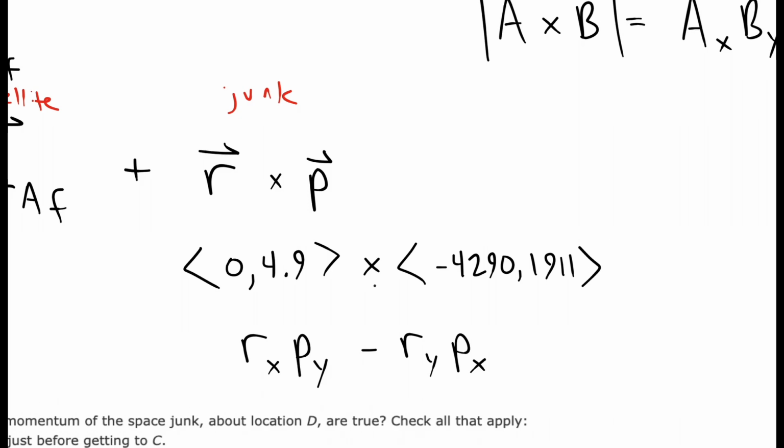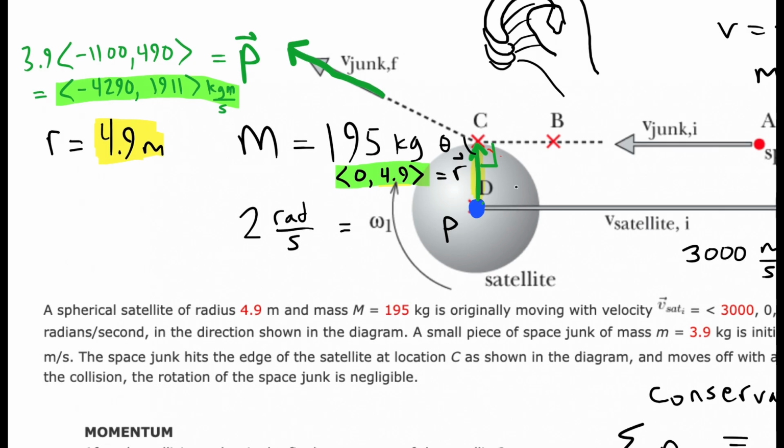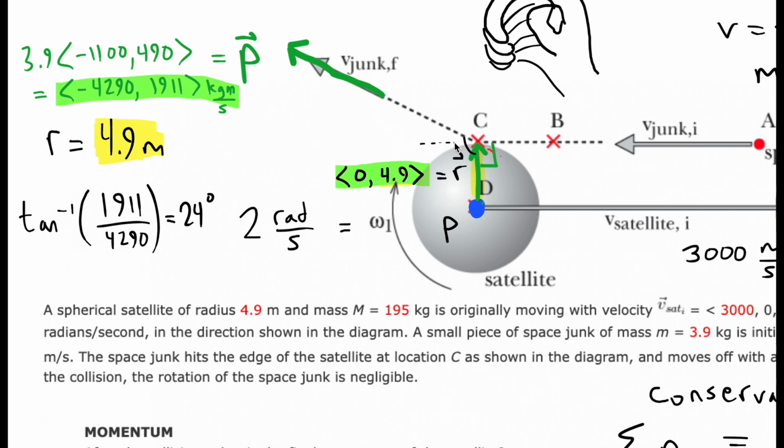The other method that might be used would be to get the actual angle between the vectors. That could be done with the components of it. So if I find a reference angle for the momentum with a tan inverse, I get 24 degrees out of that. So that is going to be a reference angle that would be located here, and we of course have 90 degrees in this part of the angle.